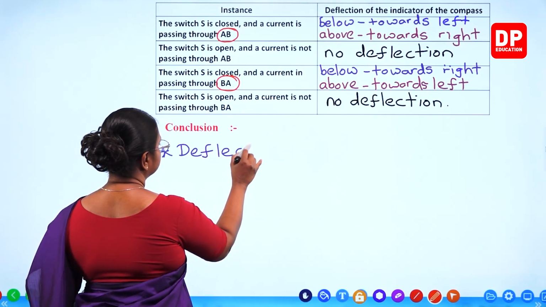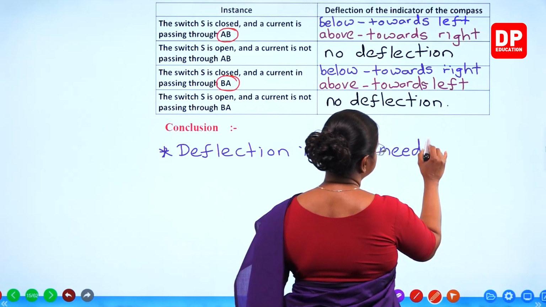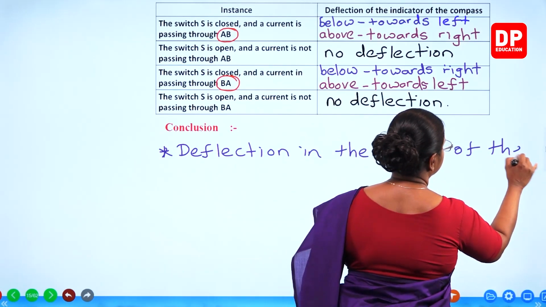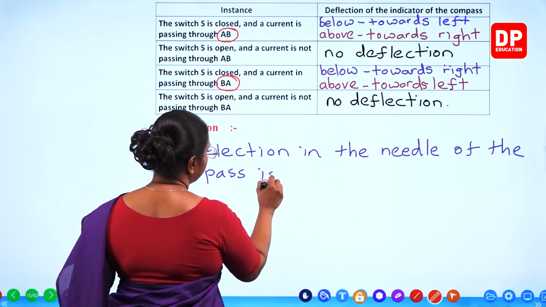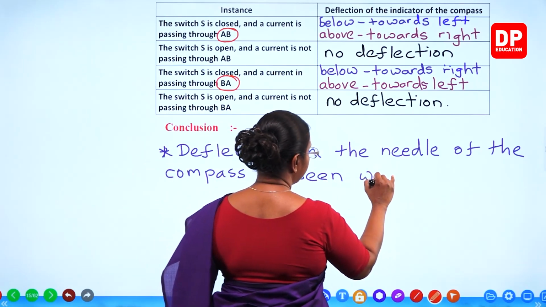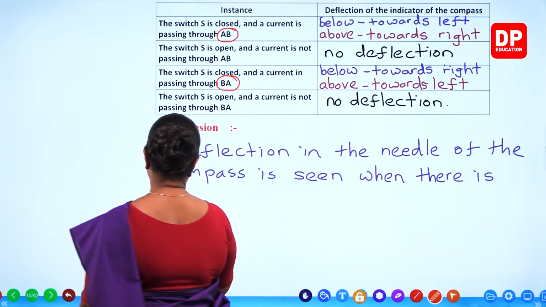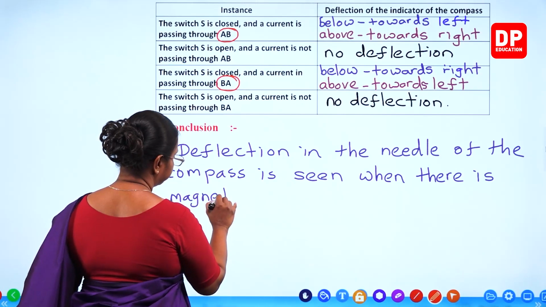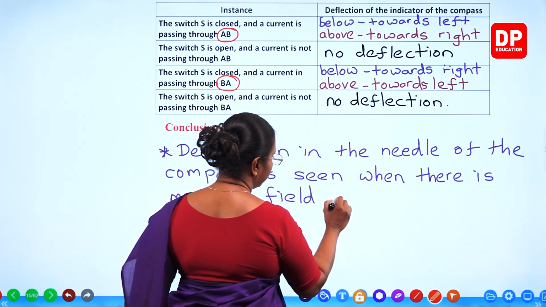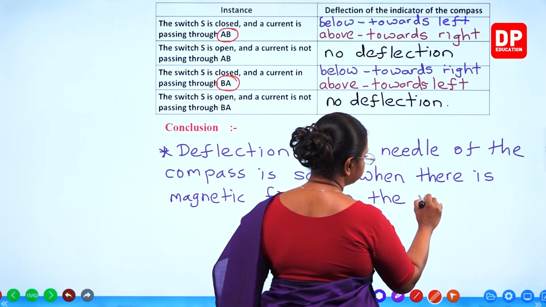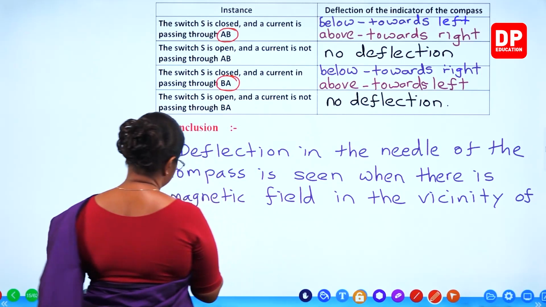Deflection in the needle of the compass is seen when there is magnetic field in the vicinity of the conductor.